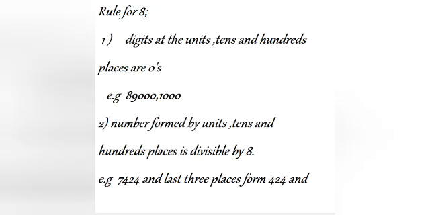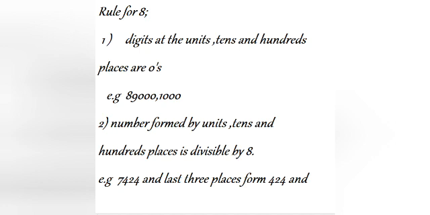Rule for 8: the digits at the units, tens and hundreds places are zeros. It means the last 3 digits of the number should be 0. For example, 8000. The second case is that the number formed by the units, tens and hundreds places should be divisible by 8.